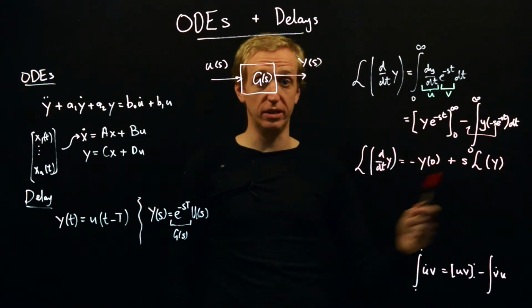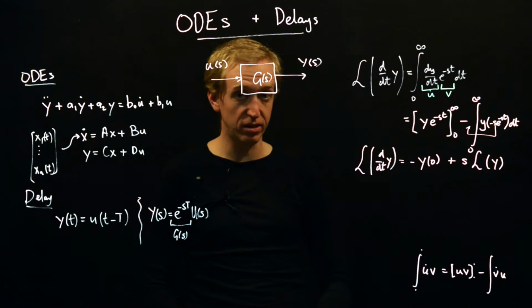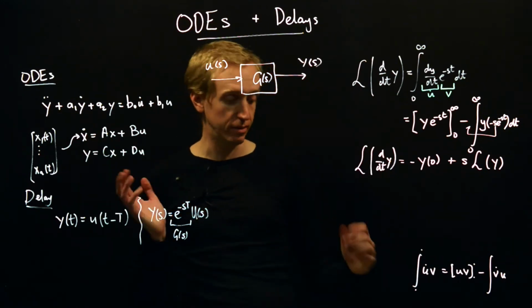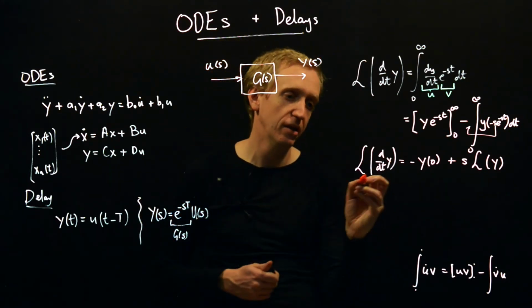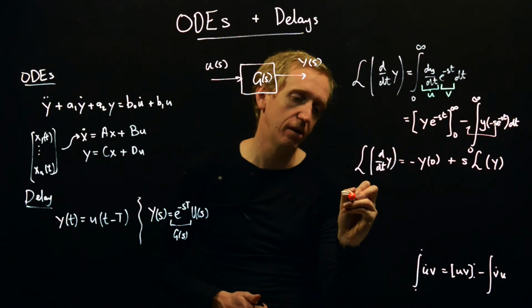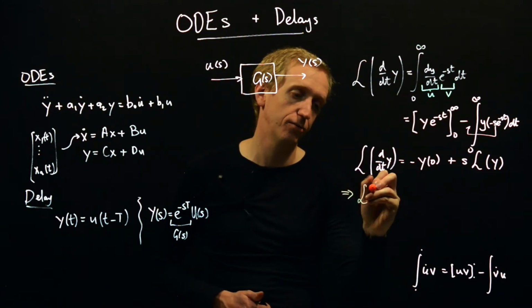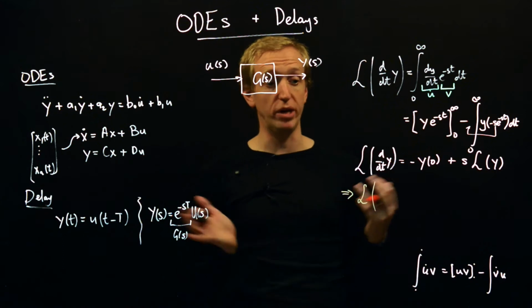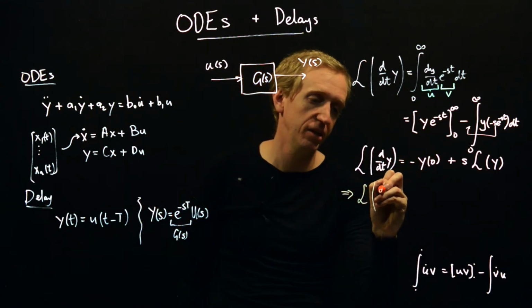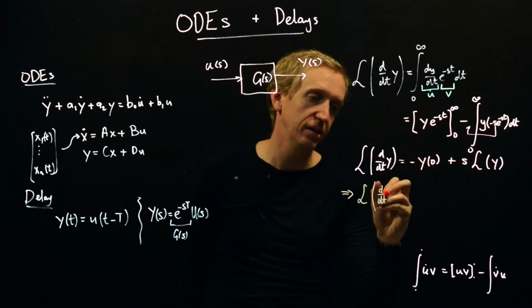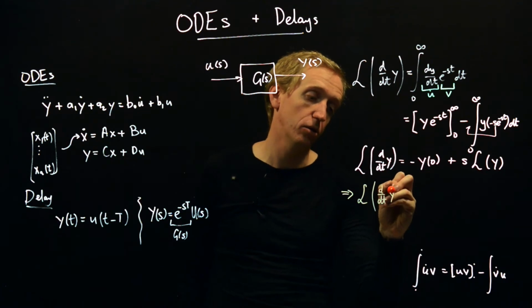And we can actually use this recursively to find higher order derivatives, and just to show you how to do that, this implies that the Laplace transform, suppose we want to find y double dot, well, that's just d by dt of y dot.